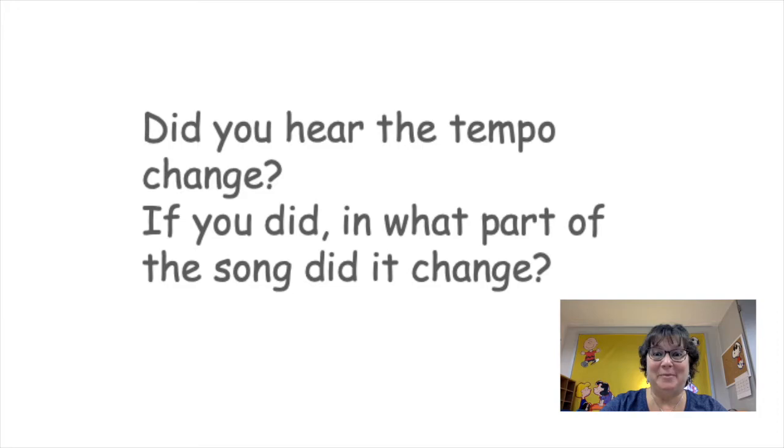Did you hear that tempo change? I sure did. I wonder if you heard it between when the old gray cat came creeping and the little mice realize it and they scamper. So then the tempo changes. The song went from a slower tempo to a faster tempo.